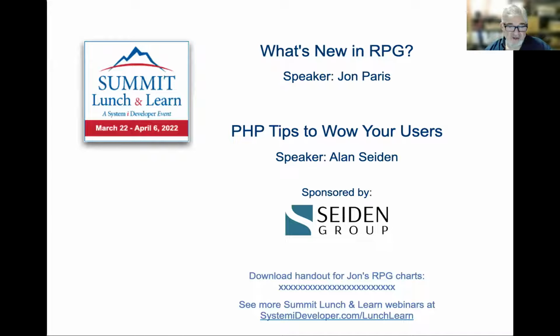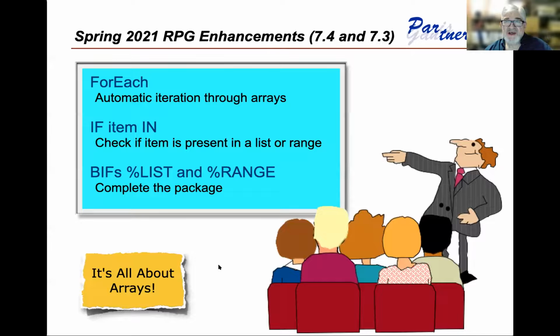All right, so with that, I'm going to start in here, and we're going to talk about RPG. In this first section, I'm going to be going over some of the enhancements from spring 2021.